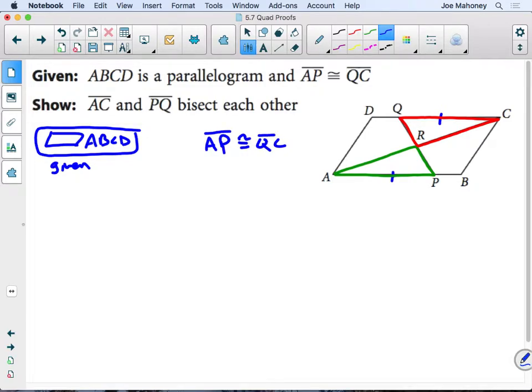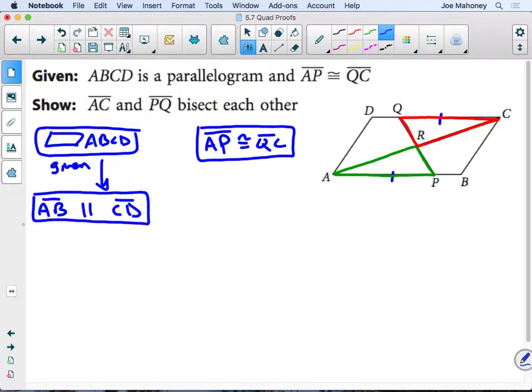I better prove some angles are congruent. So one thing that I know is that in a parallelogram, the opposite sides are parallel. So I'm going to say that side AB is parallel to CD. And that is true because in a parallelogram, opposite sides are parallel.